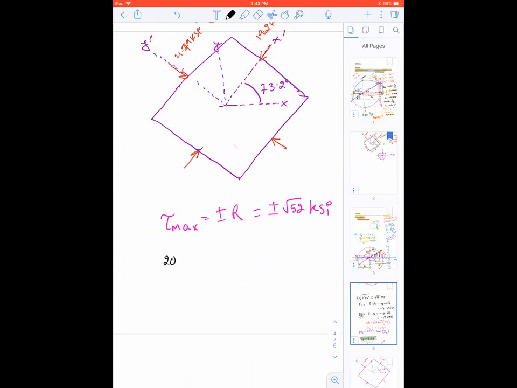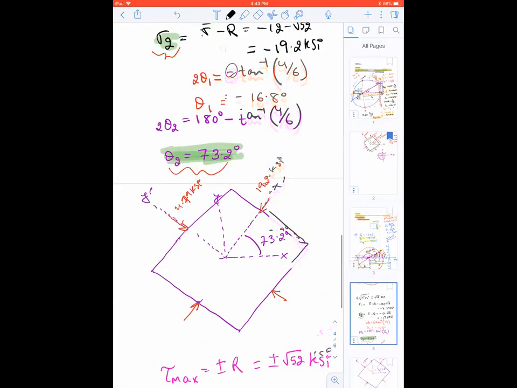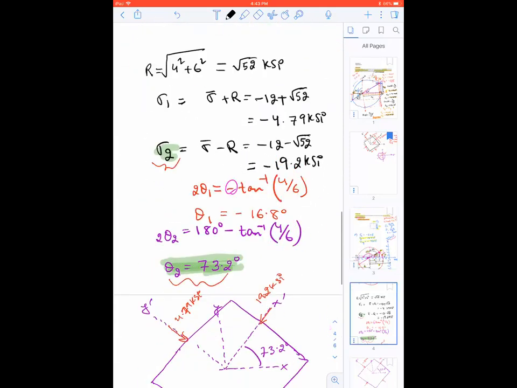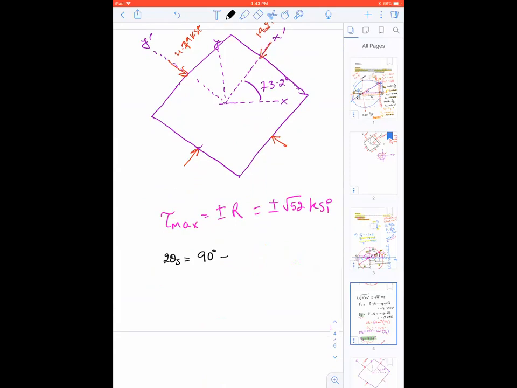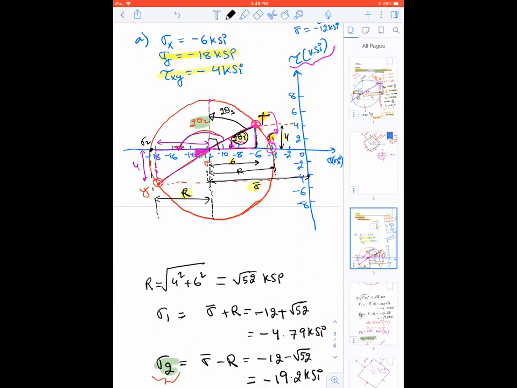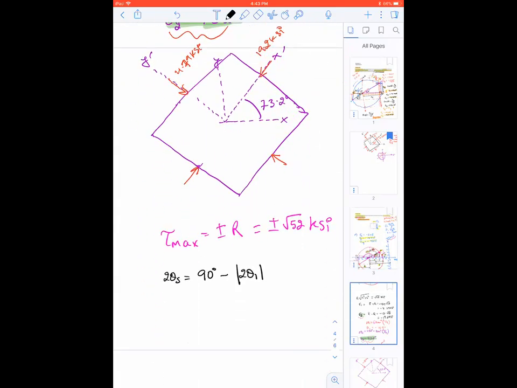So 2 theta s is equal to 90 minus 2 theta 1, and here I just want the magnitude. It is positive 2 theta s because you are going counterclockwise. That's why.